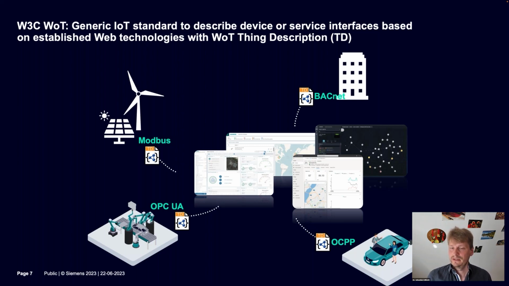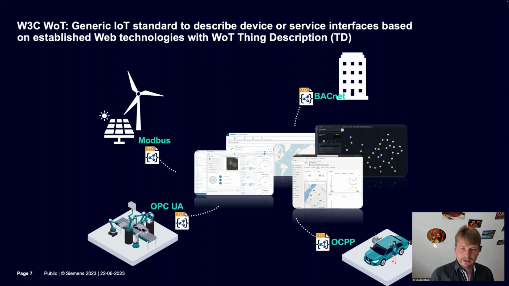And if you rely on this, then you can also rely on interpreter libraries, which simply read the thing description and simplify the interaction with the ecosystem independently of whether you speak OPC or Modbus or BACnet or OCPP in e-mobility. Okay.